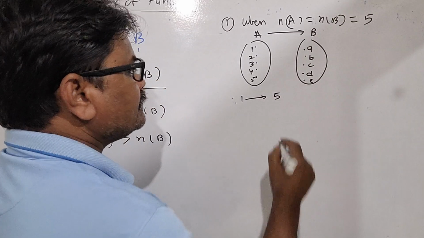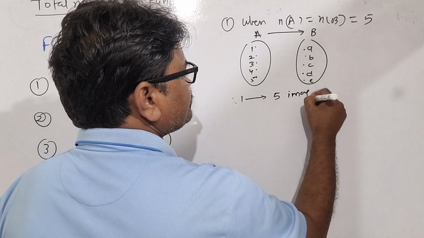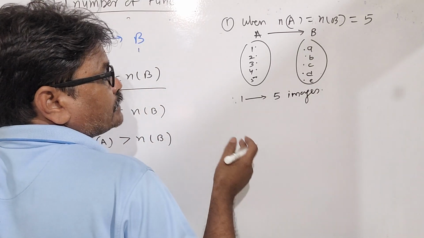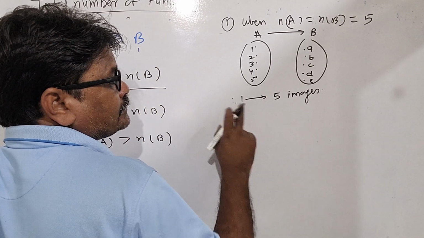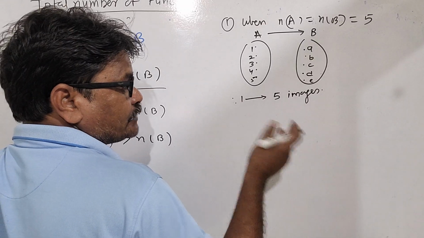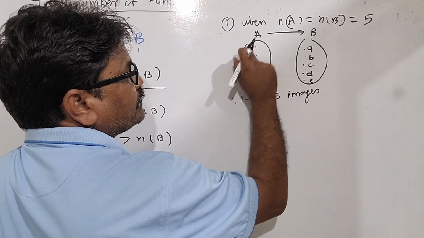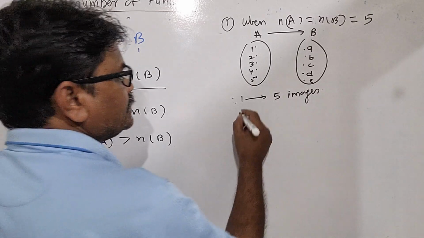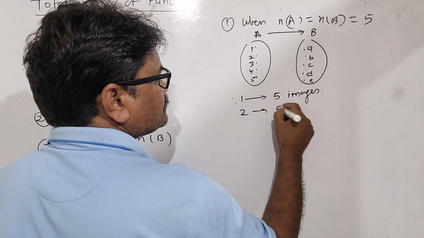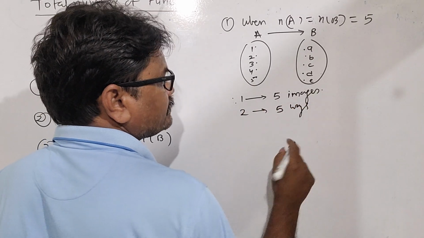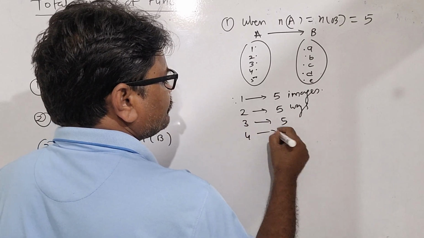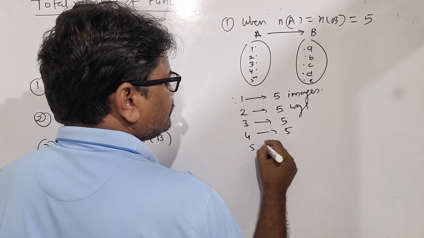Then definitely 1 can take 5 images. That is, there are 5 ways to take the image of element 1 in the codomain set B. Similarly, 2 also has 5 ways to take the image, similarly 3, similarly 4, and similarly 5.